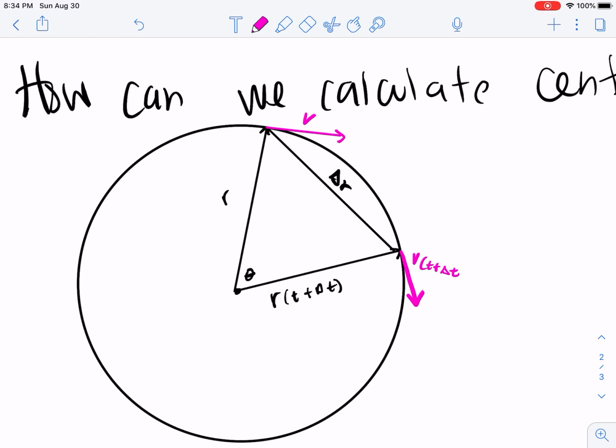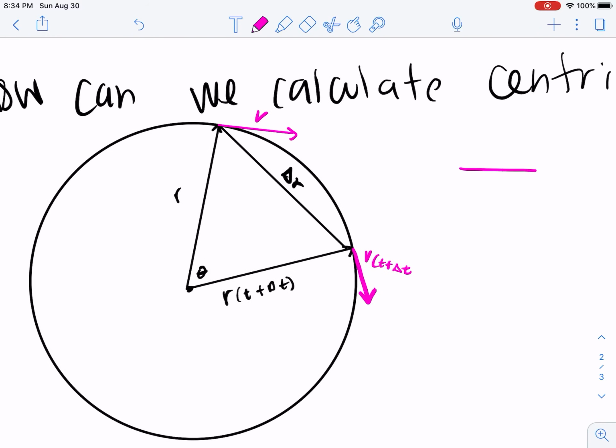We can bring them over here and create that same type of triangle again. Okay, and our theta would be here as well.